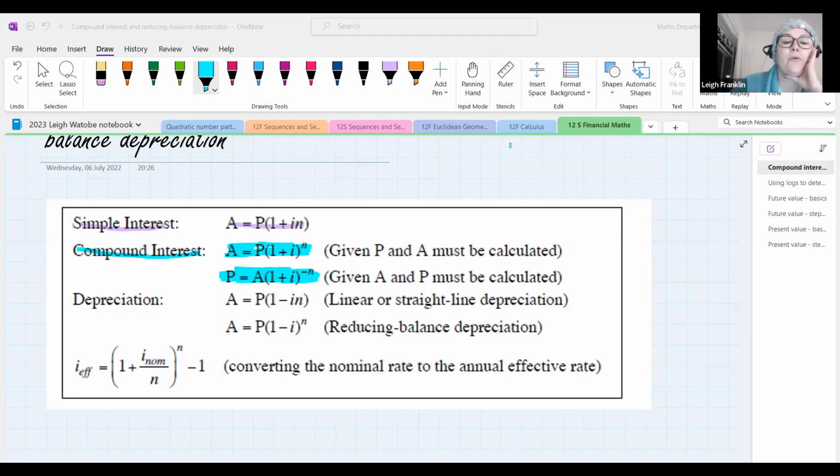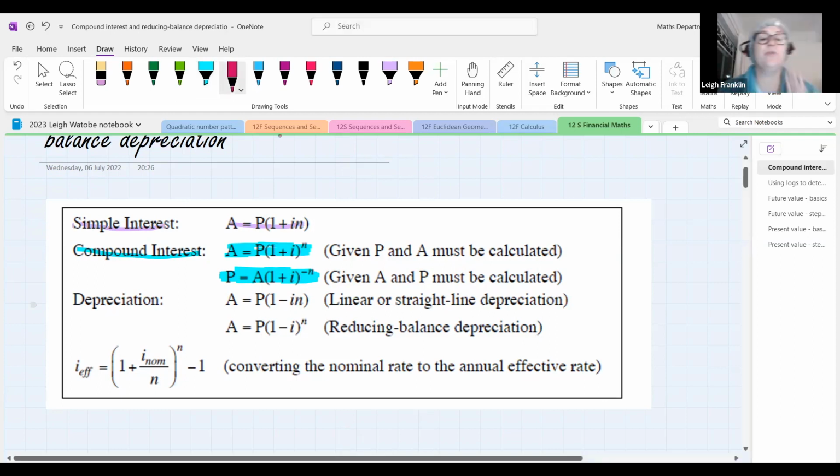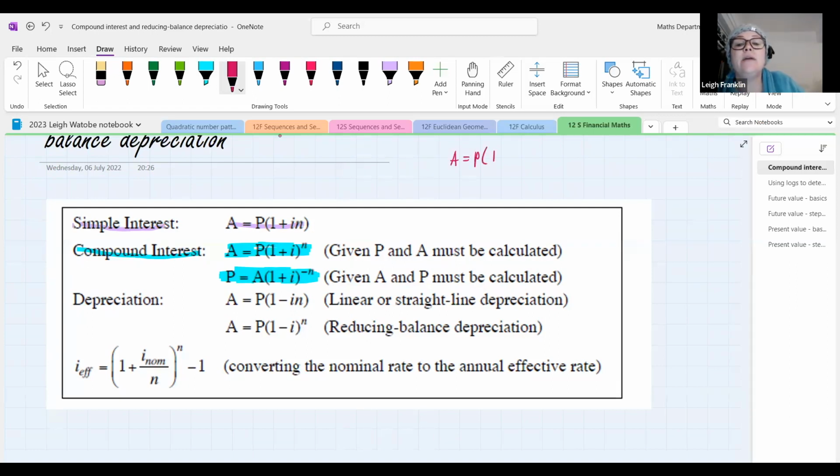Thank you. Okay, so in other words, the reason why you'd have your negative exponent here, Matrix, is because if you want to make P the subject of the formula, you would have to divide by the bracket on both sides, isn't it?